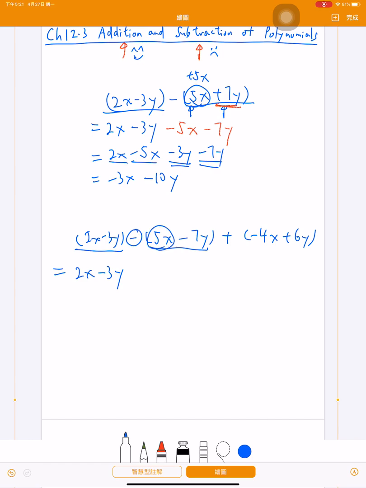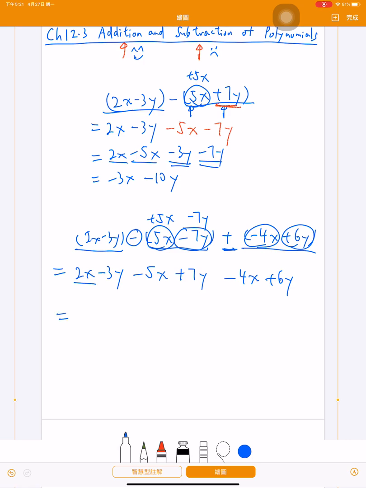For the first one is positive 5x, so this one minus 5x. For the second one, it is negative 7y, so it will become positive 7y. For the last term, this one is plus, so the last bracket will be copied directly. That is, first one is minus 4x, second one is plus 6y. Okay.